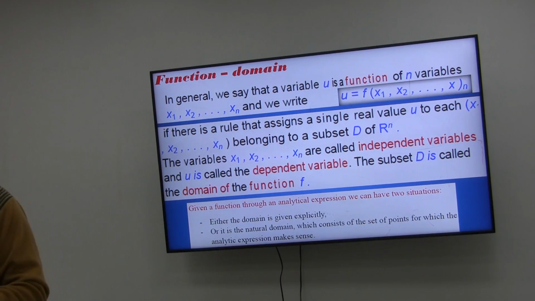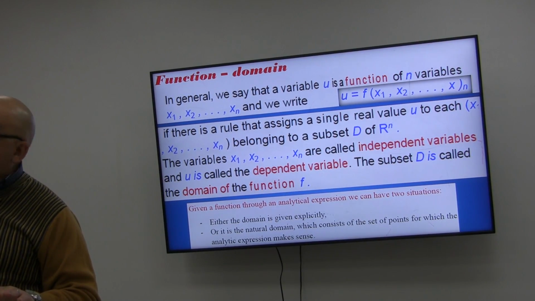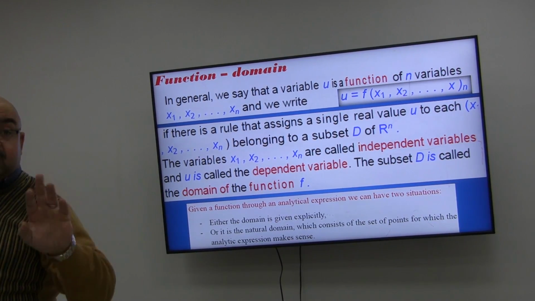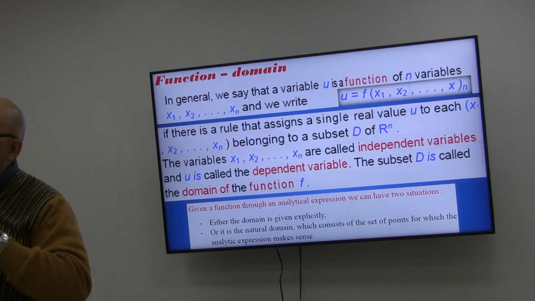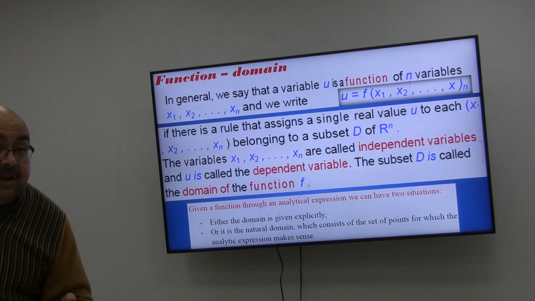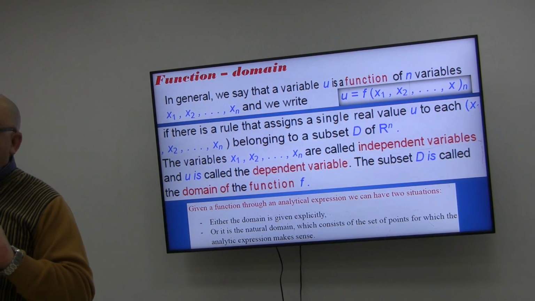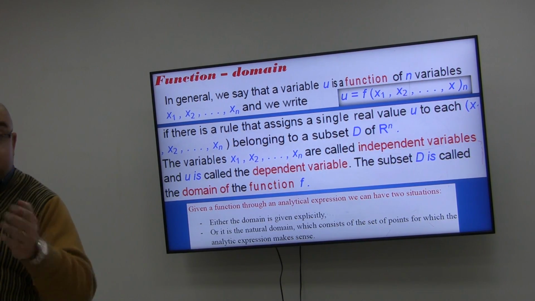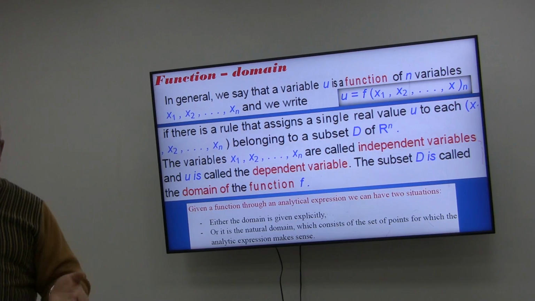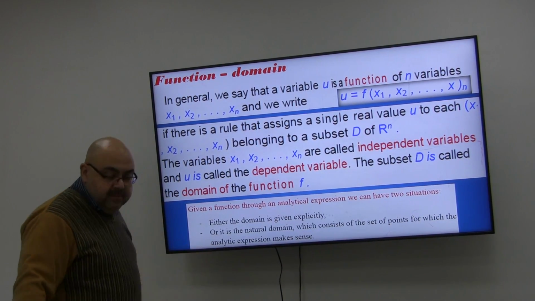Which means you will have to avoid the values that will make the denominator equal to 0, or the values that will make an even root, an even radical, of a negative number. Or avoid 0 or negative numbers in the logarithmic function. All of these are limitations, and those will be controlled by this.